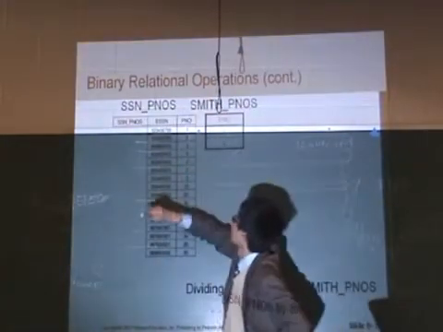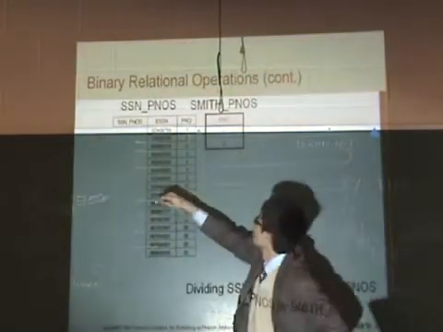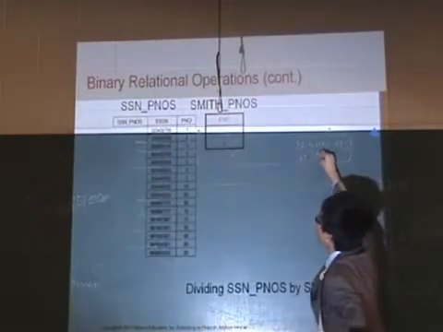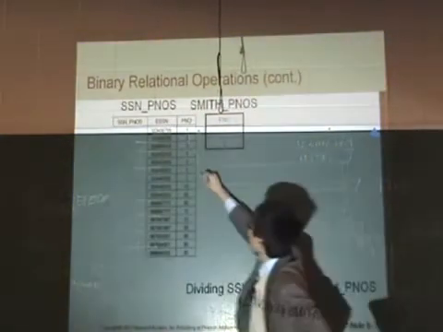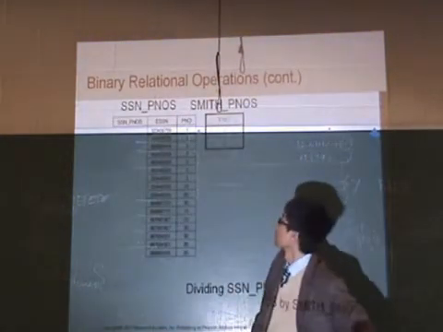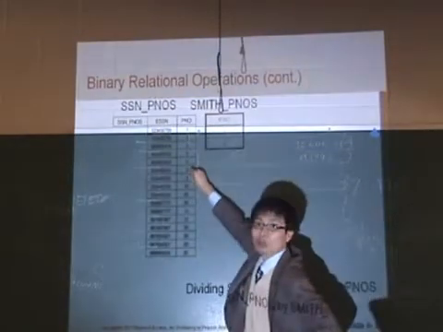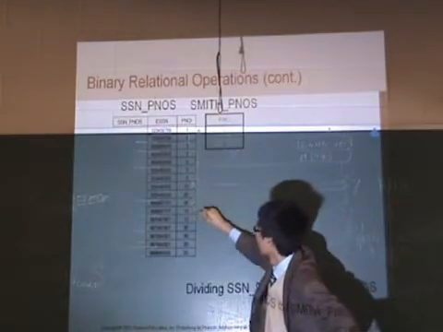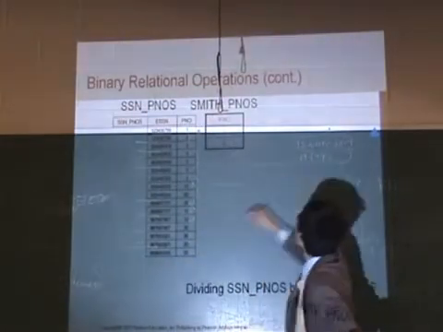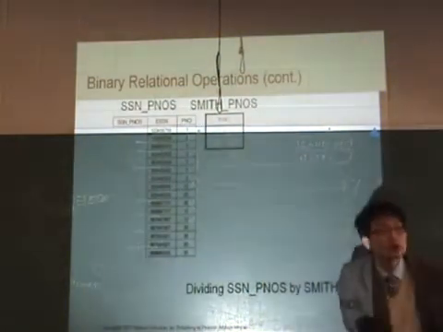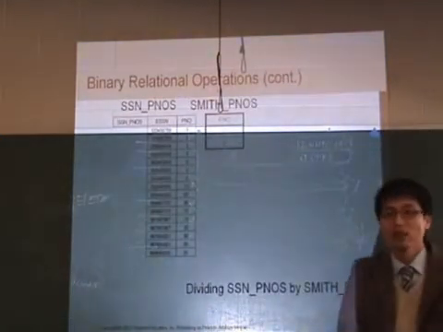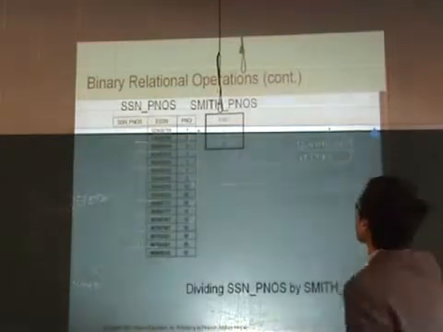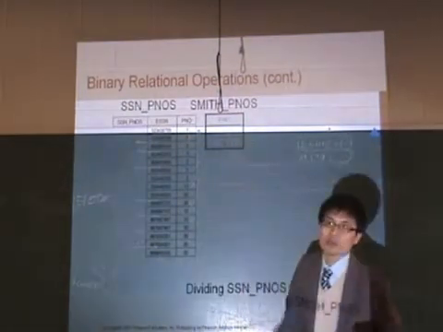What about the next? Only 3? No. What about this guy? Yes. What about this? No, because there is no project 1. So this is no. What about this? No. So 2 employees work on all the projects where John Smith works.